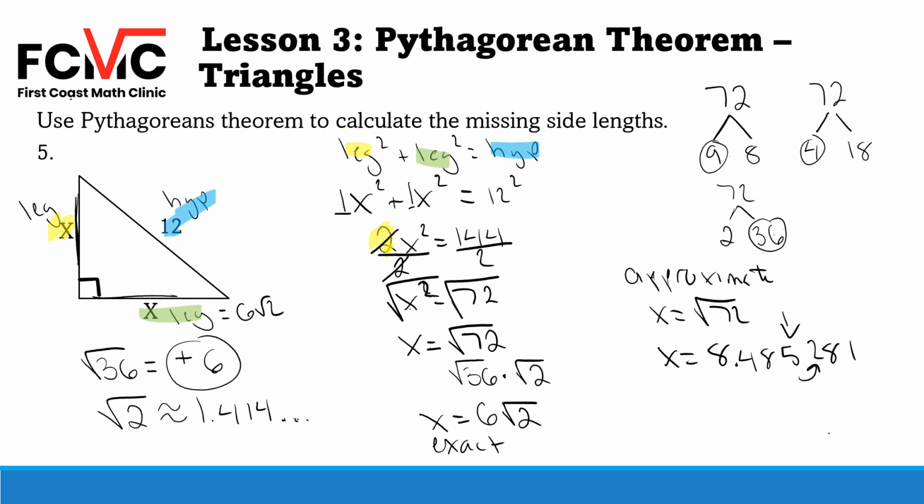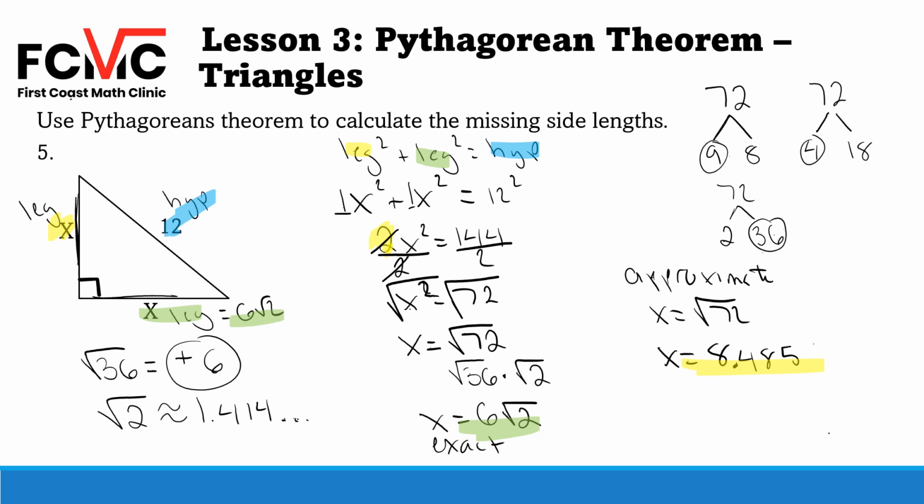Let's look at the 2. It's lower than 5, so we're going to keep that 5 as it is. You can get rid of all these other values. So we get 8.485 thousandths as our approximate answer, right? So this value right here is our exact answer, and this value right here is our approximate because we had to round.